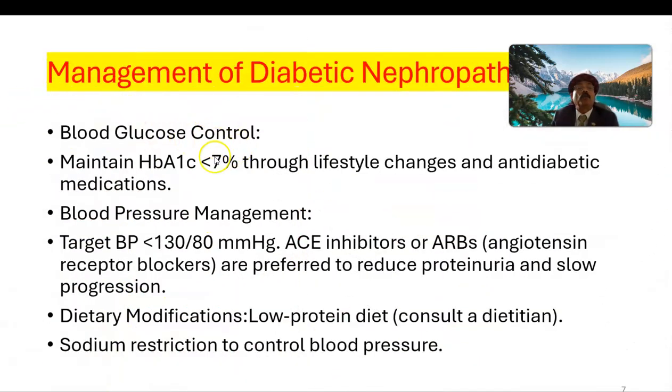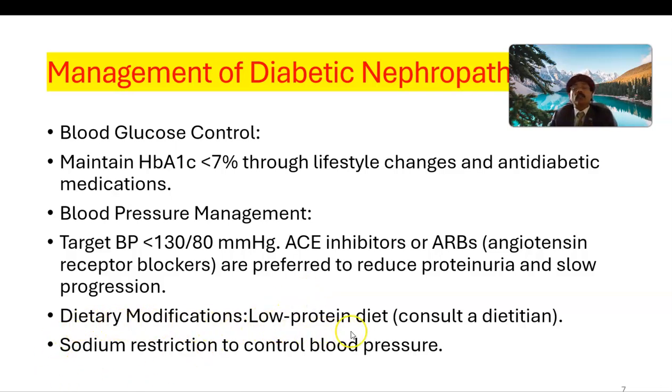Management: blood glucose control, maintaining hemoglobin A1C less than 7% through lifestyle changes and anti-diabetic medications. Blood pressure management: target blood pressure should be less than 130 by 80 millimeters of mercury. ACE inhibitors, that is angiotensin converting enzyme inhibitors, or angiotensin receptor blockers are preferred to reduce proteinuria and slow progression.